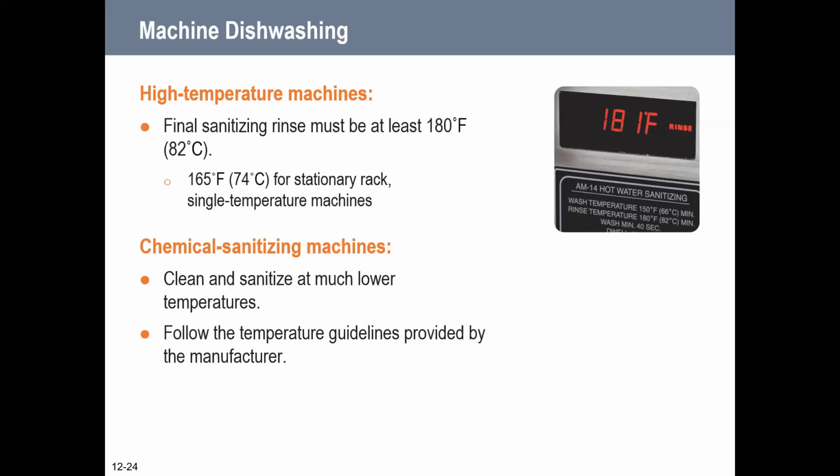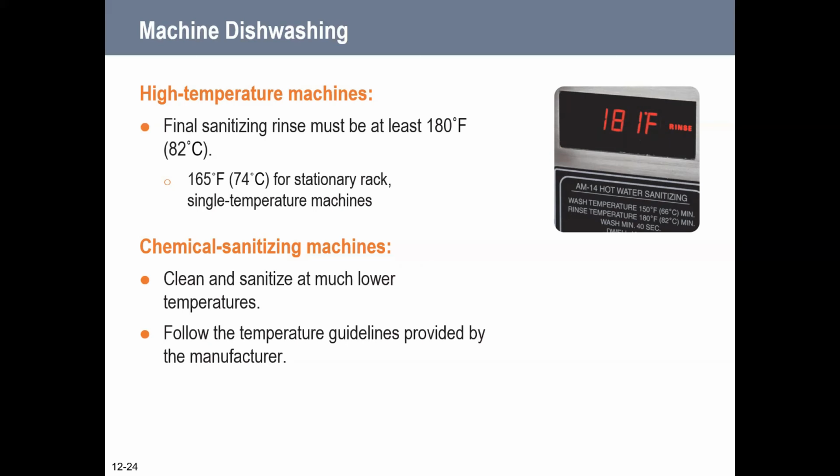They're typically two-stage, where it starts at a lower temperature and then goes to that 180 for the high temp. Chemical sanitizing machines will clean and sanitize at a lower temperature, but you have to add chemicals in order for it to do the sanitizing itself.